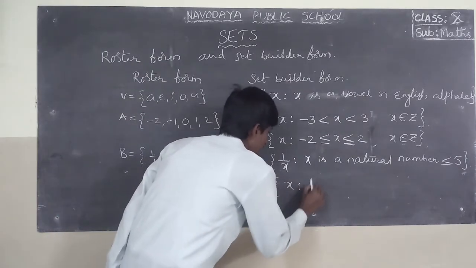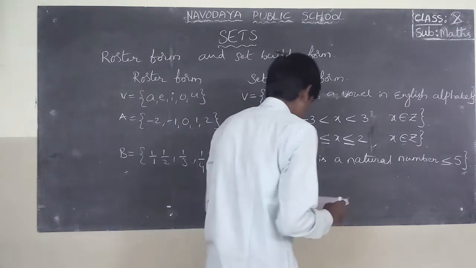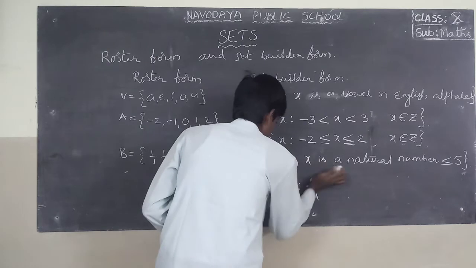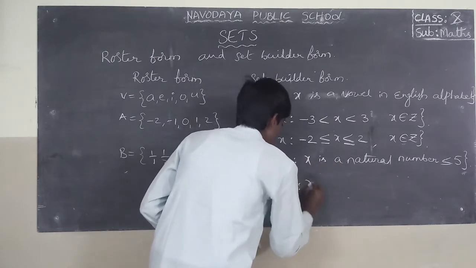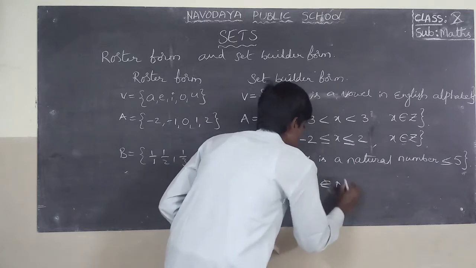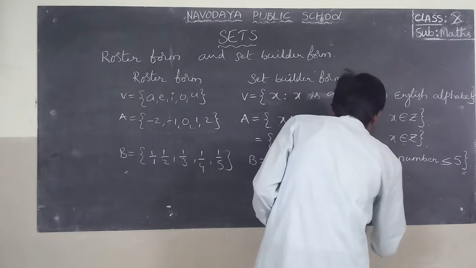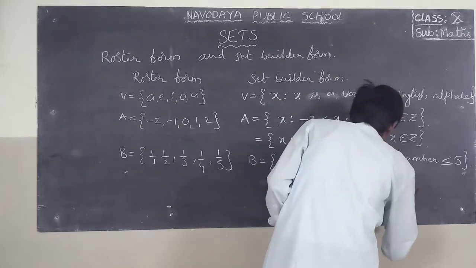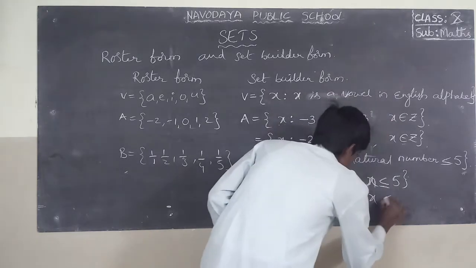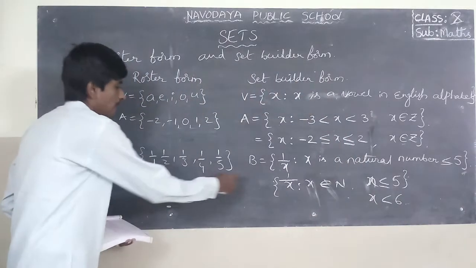Or x such that 1 by x, x belongs to N, x less than or equal to 5, or x less than 6. This is the general form, 1 by x.